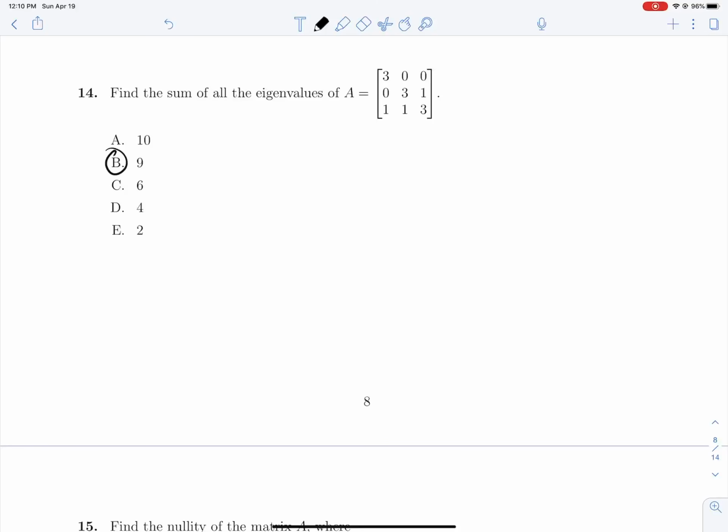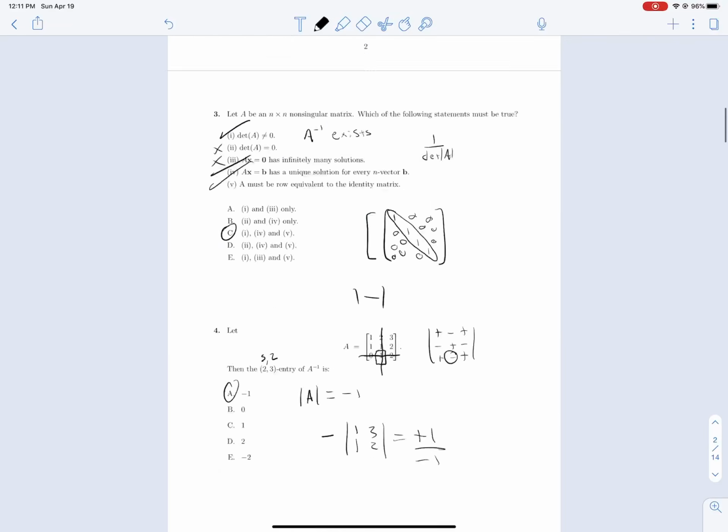So if we get this kind of thing on the exam, and you remember that fact, you can sit there feeling good because it just took you 5 seconds to do a question that a lot of people are going to actually work out the eigenvalues for, and they're going to end up having to factor a trinomial and overall not having a very good time. So that's pretty nice. 14 is B.